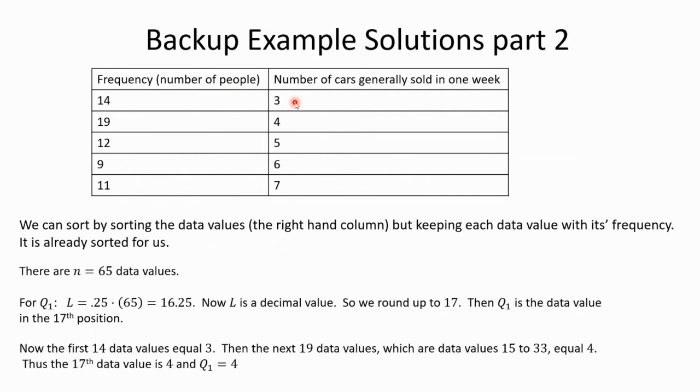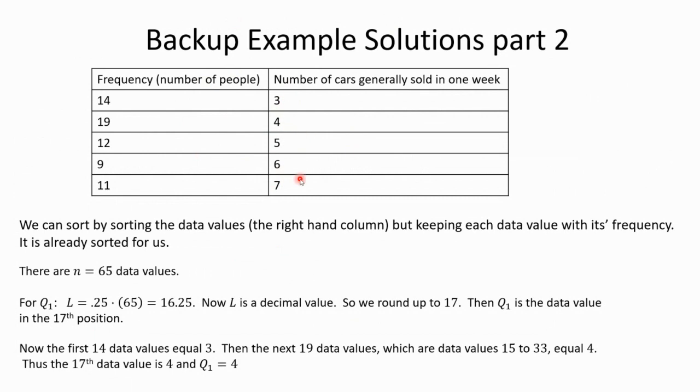Normally when you sort it, remember, you have to keep the frequency with the sample data. So if we were sorting this, 14 would be associated with 3, 19 is associated with 4, and so on. It's sorted already, so we don't have to do anything really.